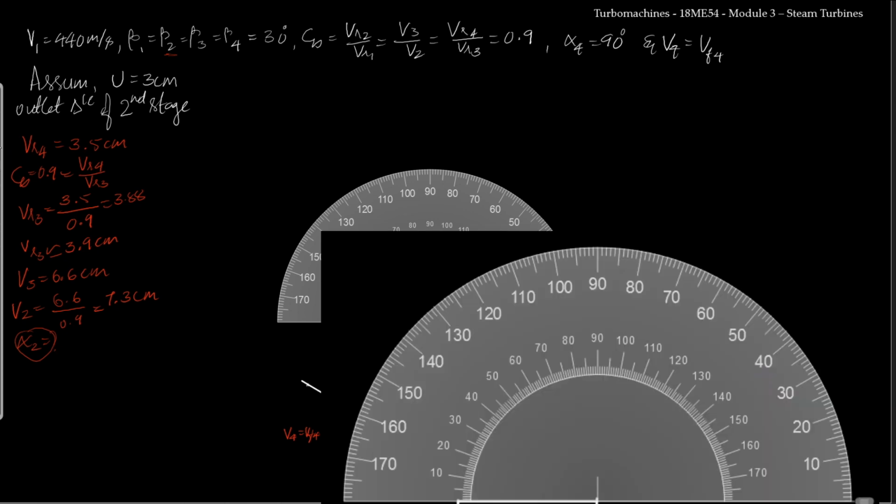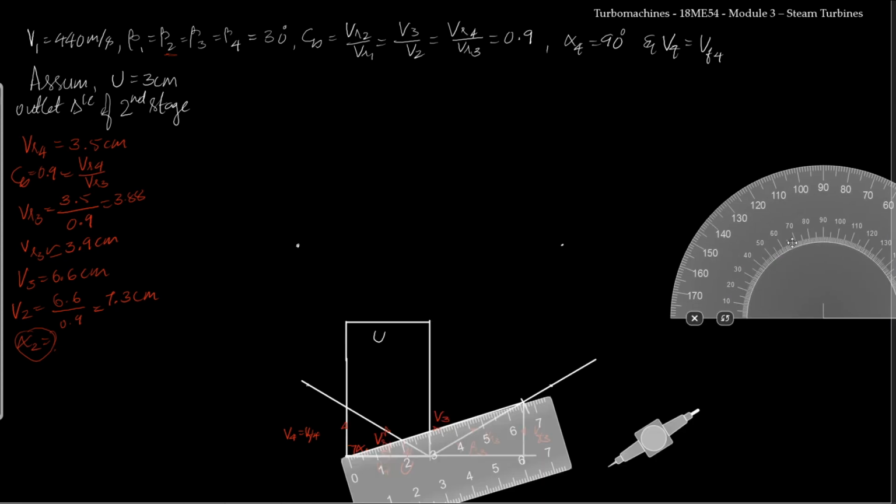Beta 2 is 30 degree, beta 1 is also 30 degree. So I will just mark points here. From the right end of V1 I will just draw a line which passes through our marking.